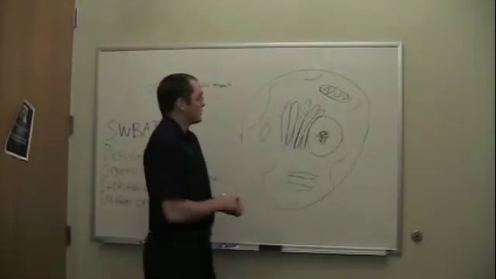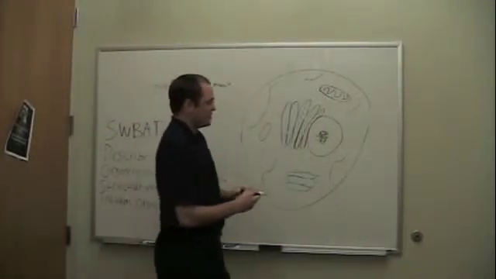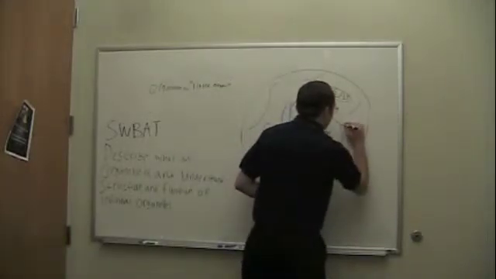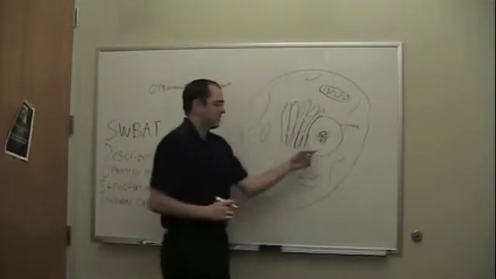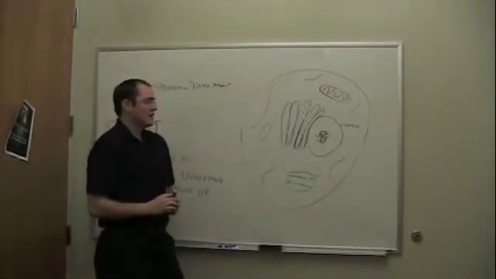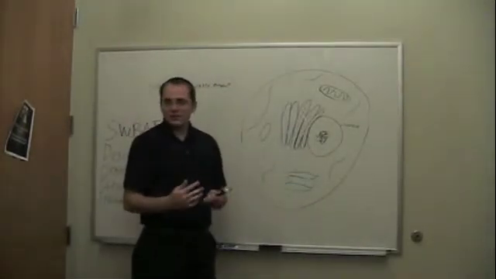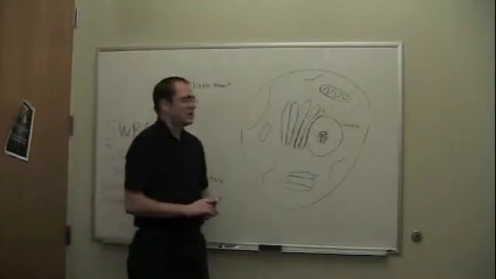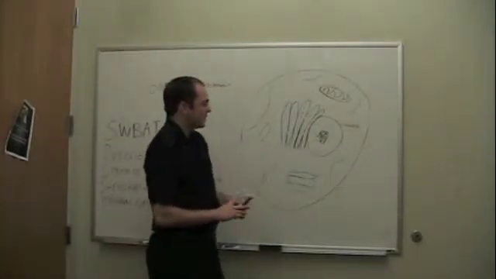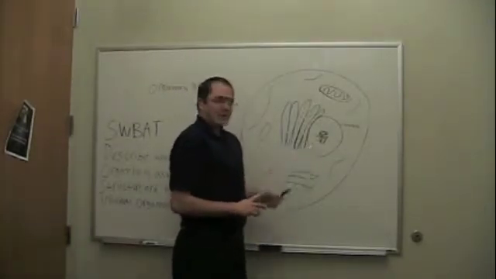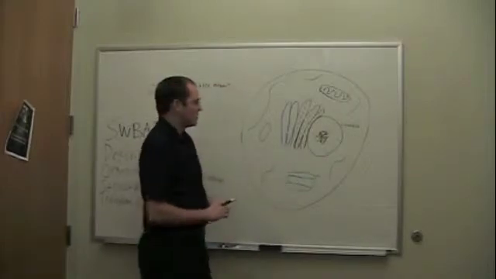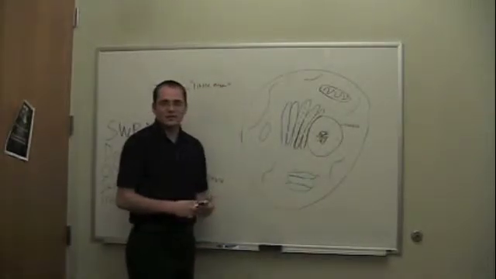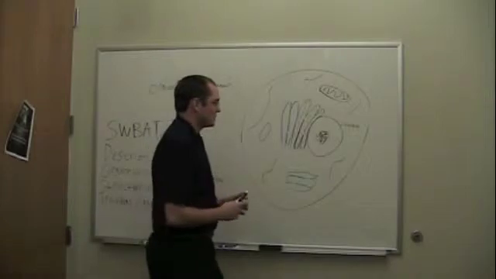So now we're going to go ahead and come over here, and we're going to look at the cell. So we're going to start off with our nucleus. Our nucleus is right here. It's usually somewhat towards the middle of the cell, not always. It can be displaced a little bit. It is the command center. So it controls what the cell does and all the different functions of a cell.